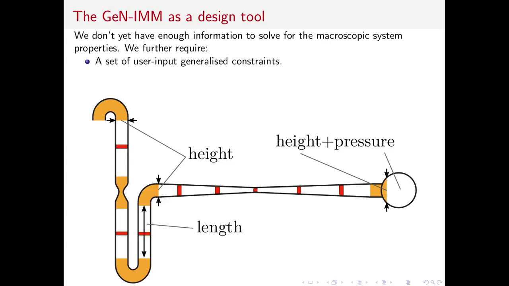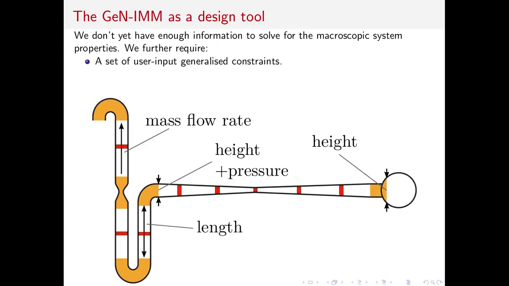boundaries along the network. However, when using the GenIMM as a design tool, we enable the mass flow rate or the values of pressure at internal boundaries to be specified as generalized constraints. And this then allows for the geometry of the network or the values of pressure at external boundaries to be the output of the hybrid method.